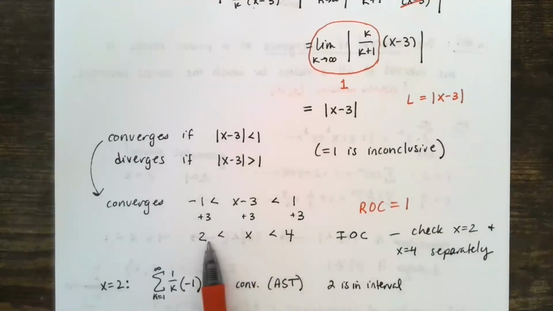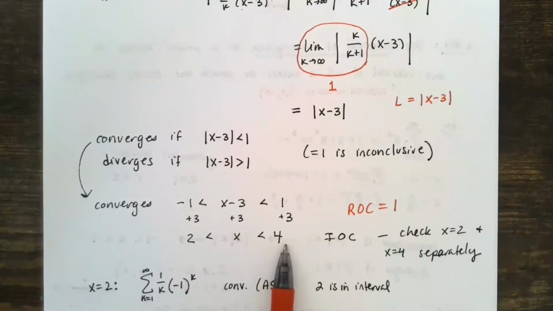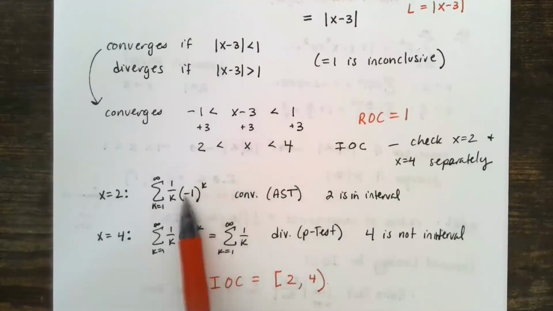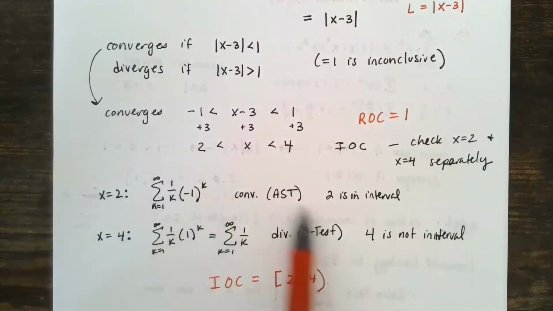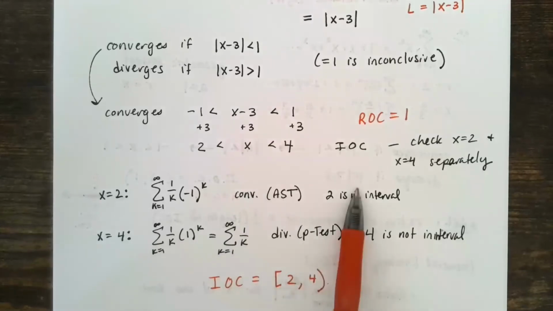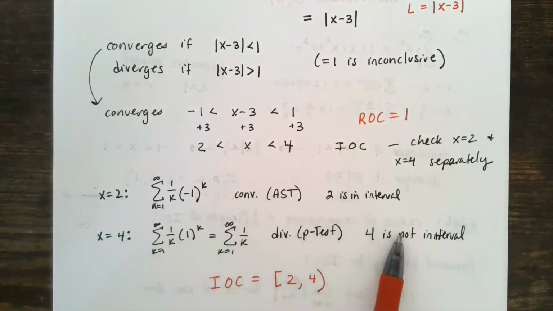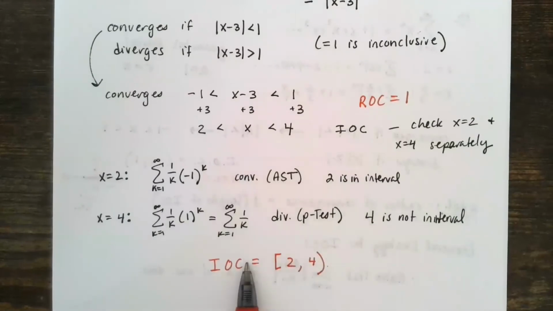You'll have 2 edge points. A great way to double check your final answer is to make sure your center really is the center of your interval. Then you'll take those 2 edges that you get and check them individually, decide convergent, divergent. That'll change every time. And that'll tell you to use brackets or parentheses. And then your final interval of convergence will combine all of those things. The radius will be half the length of that interval.